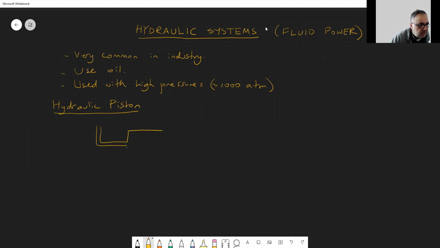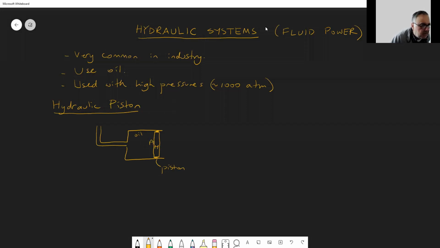This is the simplest of all devices, and it's quite easy to understand. It is sealed at these ends so that there is oil here. This has a piston, has an area of A and a mass of M, let's say.